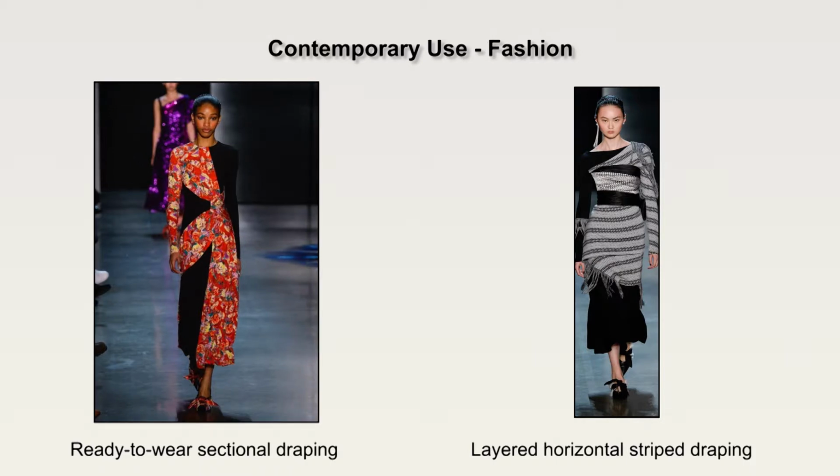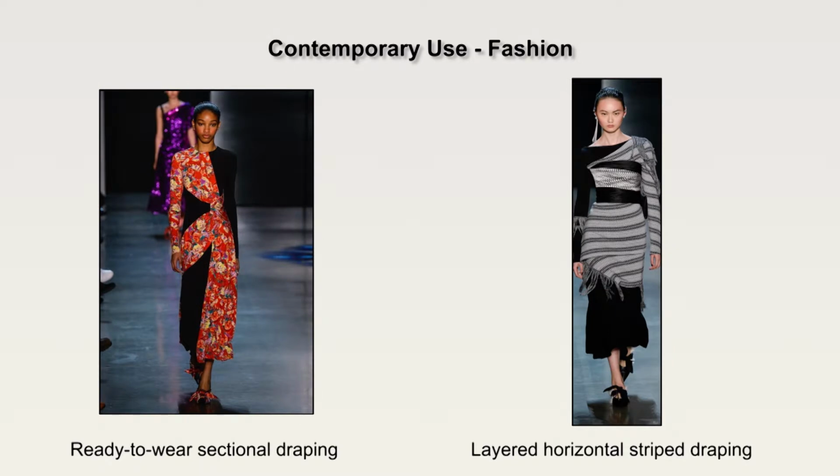The garment on the left has sectional draping. On the right is an outfit from fall winter 2018 ready to wear. It has layered horizontal striped draping.